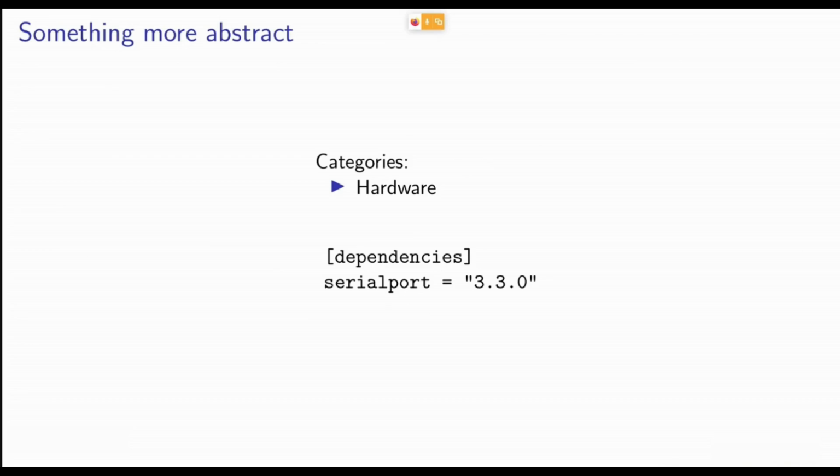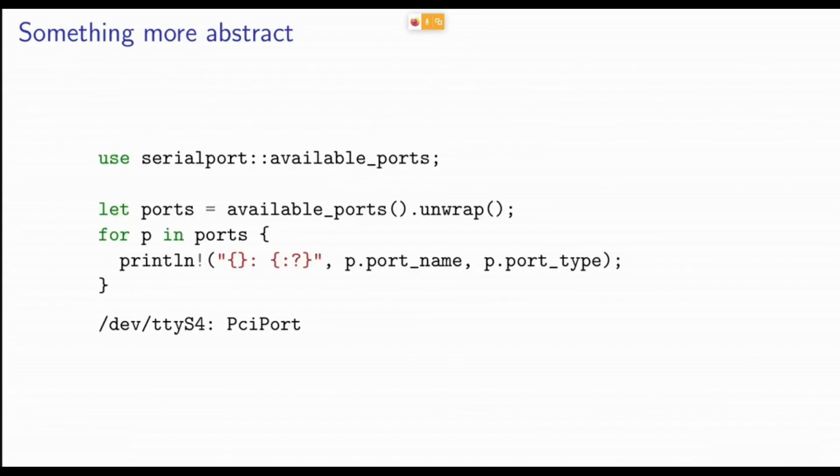So we want something a little more abstract. The serialport library is what I call a very rusty lib, which encapsulates what you've just seen, but not the version you've just seen, but the real code that actually does all the filtering I told you about.